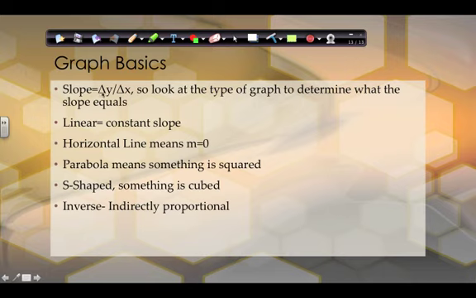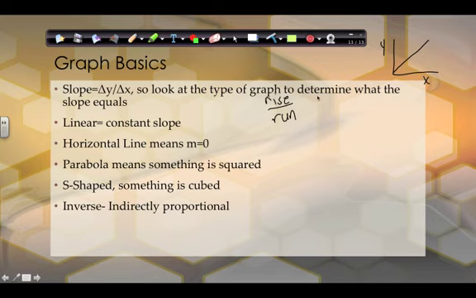The slope is equal to the change in y divided by the change in x. Really, it's just the rise over the run. So if you have a graph right here, this is your y-axis, this is your x-axis. Rise over run would be how far did it go up divided by how far did it go over.